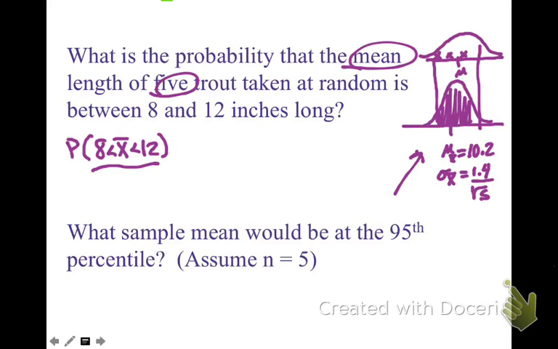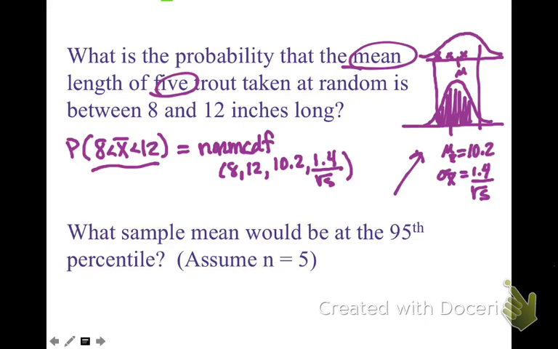So let's calculate the actual area under this curve. We're going to find the probability that an x bar is between 8 and 12 inches. This is a normal CDF. Again, my lower bound is 8, my upper bound is 12, my mean is 10.2, and my standard deviation is 1.4 divided by the square root of 5.